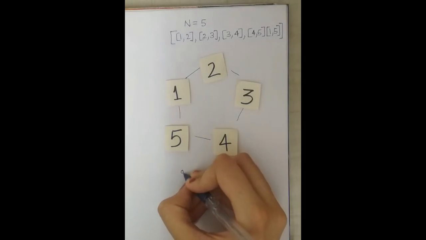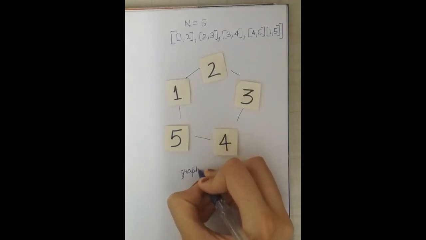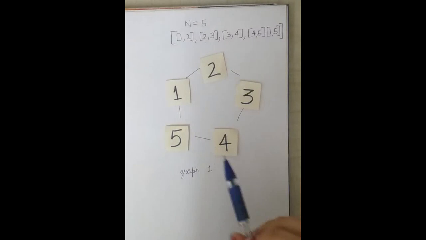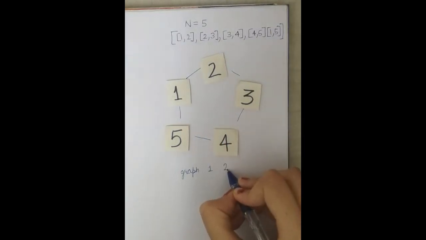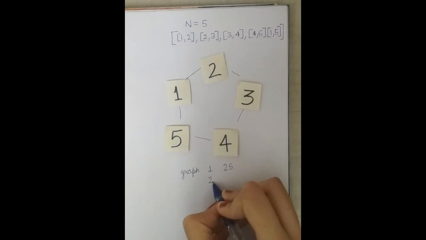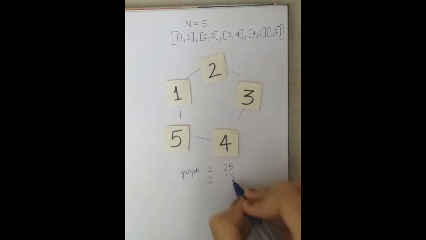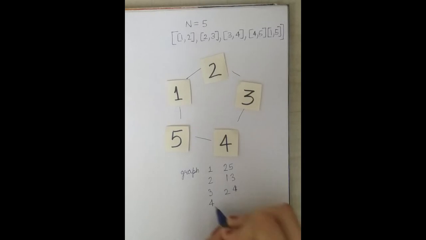We add to the graph the neighbors. For 1 we add 2 and 5. For 2 we add 1 and 3. For 3 we add 2 and 4. For 4 we add 3 and 5, and for 5 we add 1 and 4.